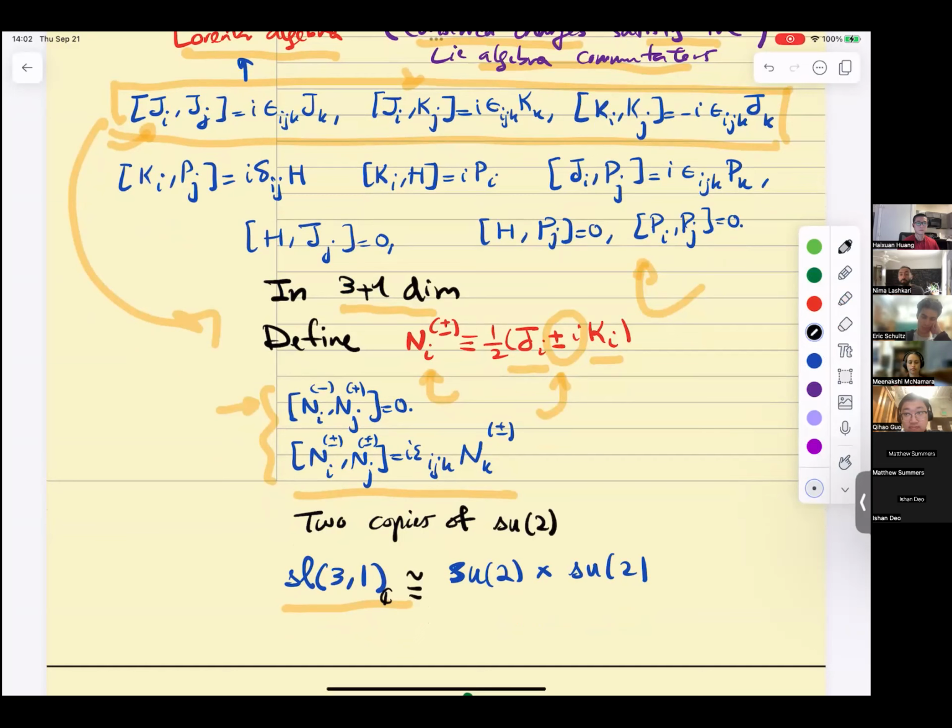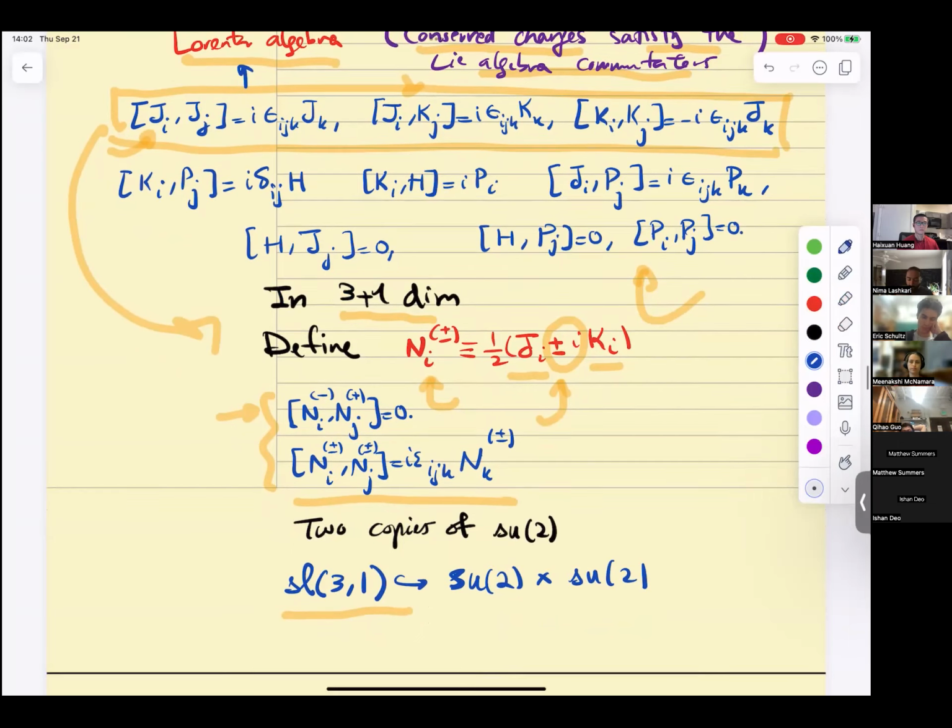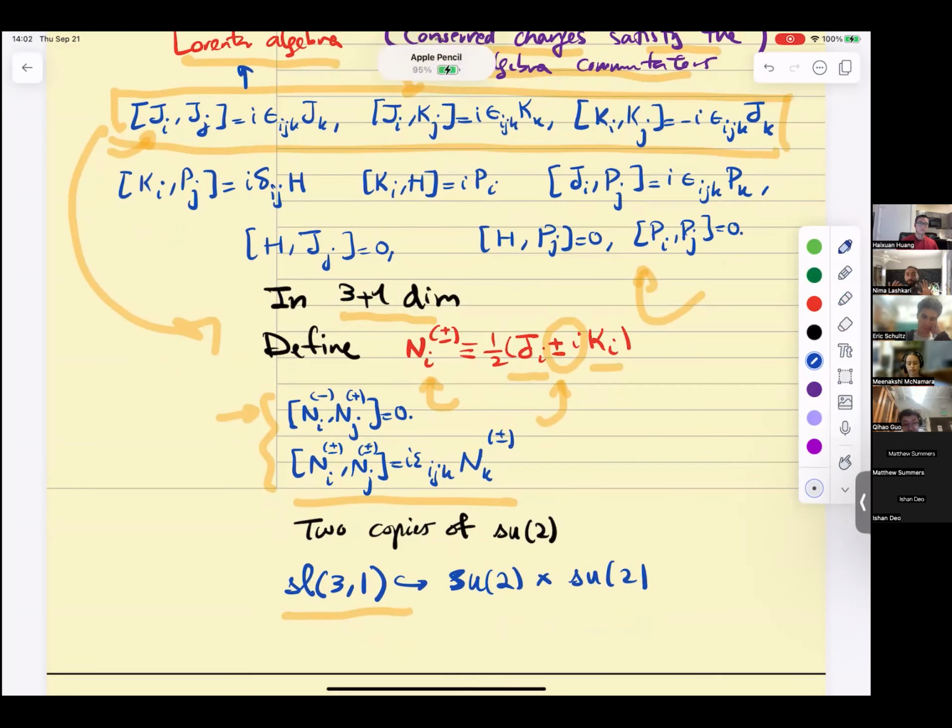But we're not mathematicians here, so we don't care about that. We just write it this way. All right, good. So what did I do? I rewrote the generators of the restricted part of the Lorentz algebra in terms of 2 copies of SU2, by rewriting my degrees of freedom into the SU2 Lie algebra.